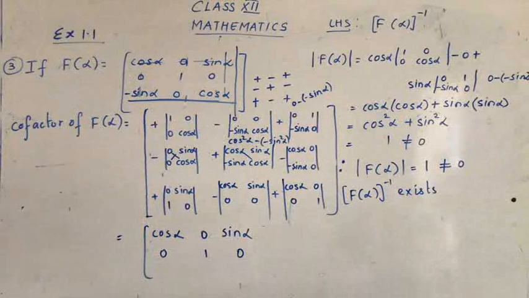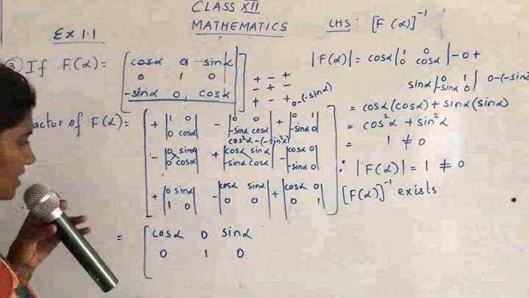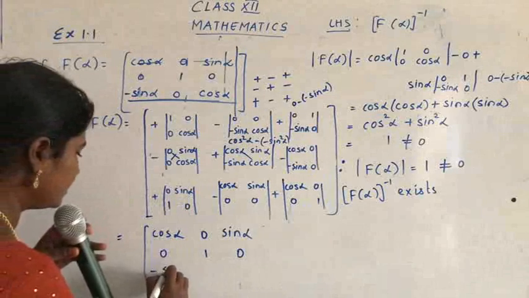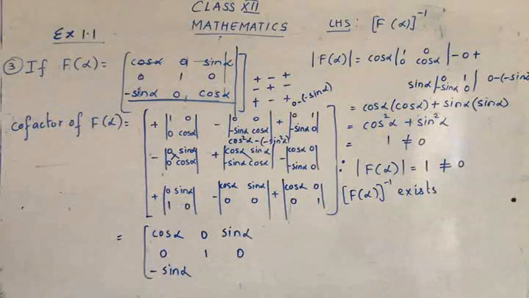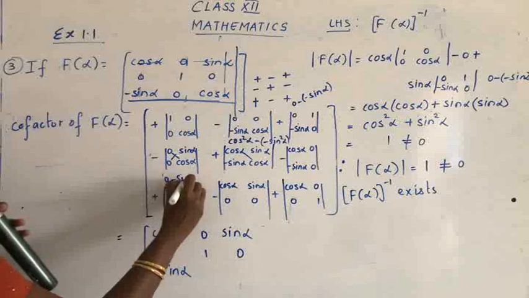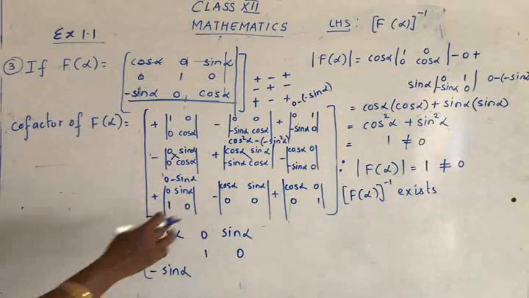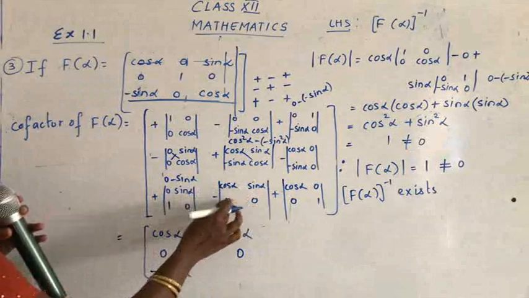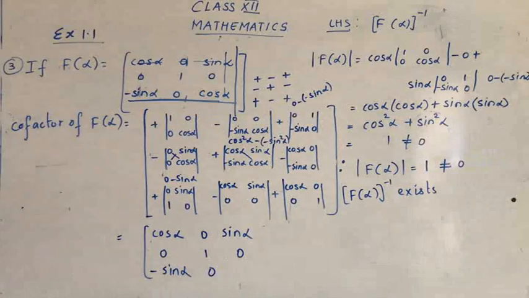Coming to the third row. What do you get here? 0 into 0 is 0. 1 into sin alpha, sin alpha. So it's minus sin alpha. So 0 minus sin alpha is equal to minus sin alpha. Next thing. Cos alpha into 0 is 0. 0 into sin alpha is 0. So what you get here? 0.